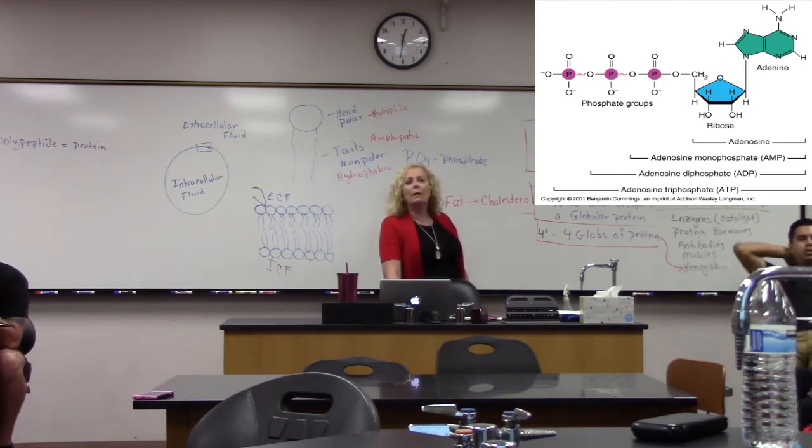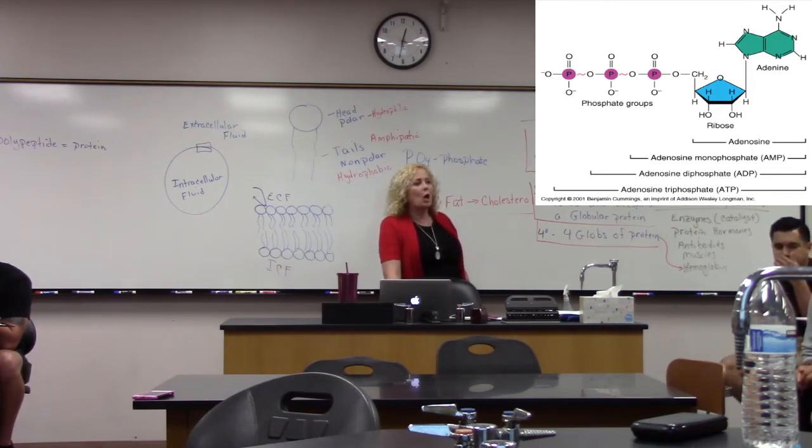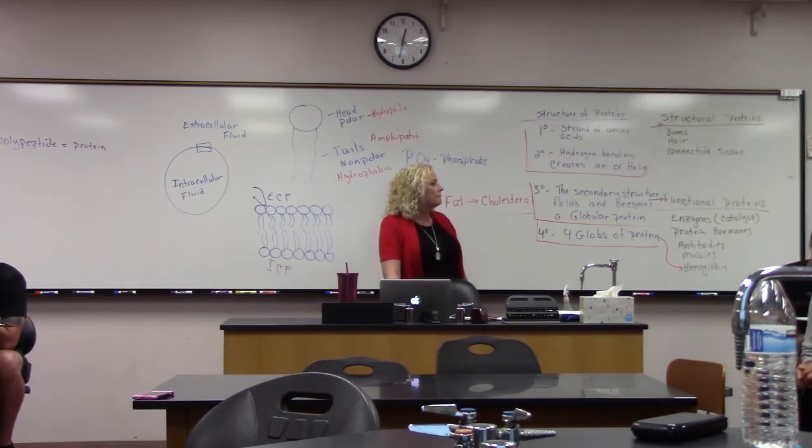If we take one of the phosphates off, we now call this adenosine diphosphate. We can borrow another phosphate, and then we have adenosine monophosphate. If we borrow all 3 phosphates, we just have the ribose sugar and the adenine, which means we just have adenosine. So this ATP, its job is to change the shape of proteins.